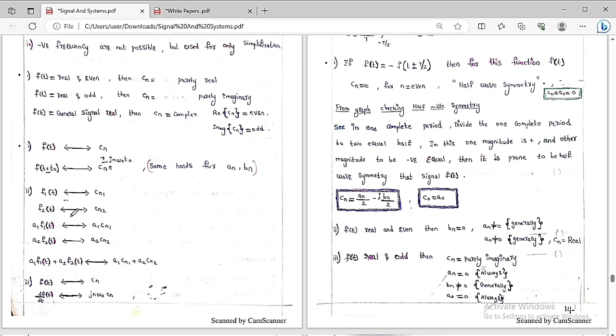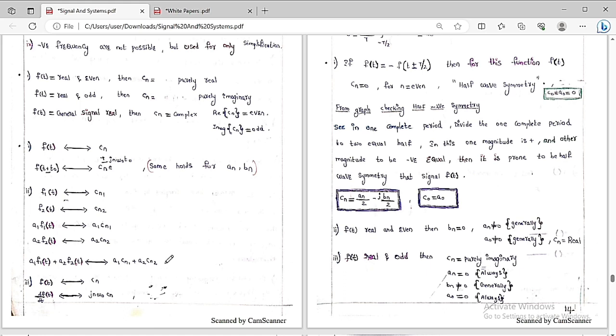So therefore we can say, if f1 of t has a Fourier series coefficient Cn1 and f2 of t has a Fourier series coefficient Cn2, then a1 into f1 of t has a Fourier series coefficient a1 into Cn1 and a2 into f2 of t has a Fourier series coefficient a2 into Cn2. Then a1 into f1 of t plus a2 into f2 of t has a Fourier series coefficient a1 into Cn1 plus a2 into Cn2.